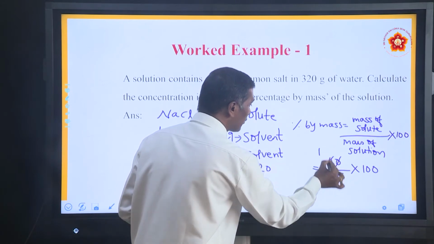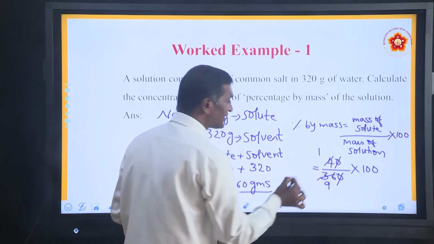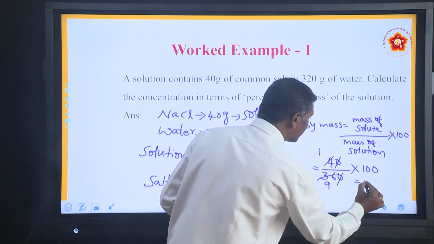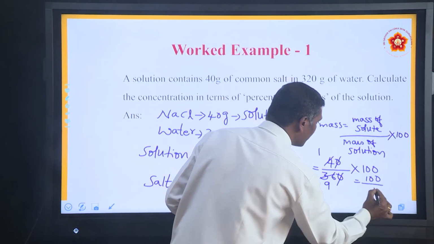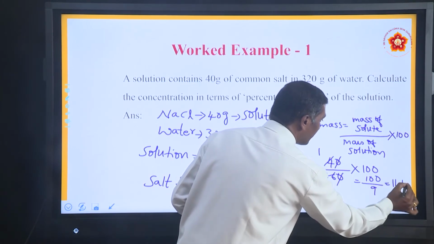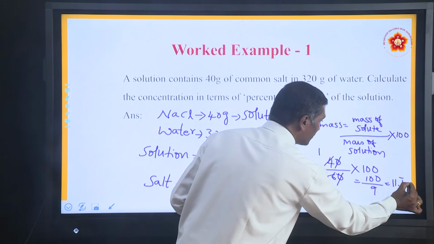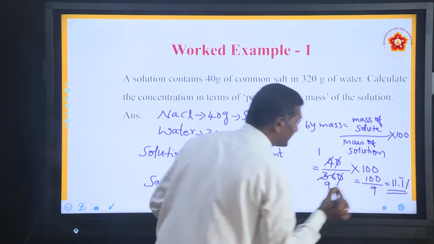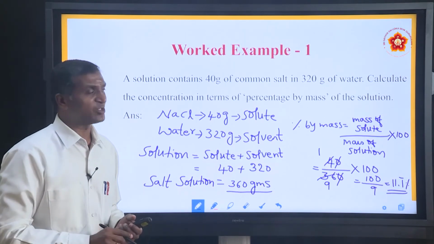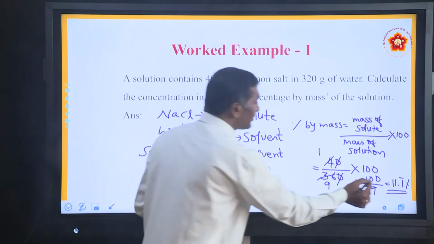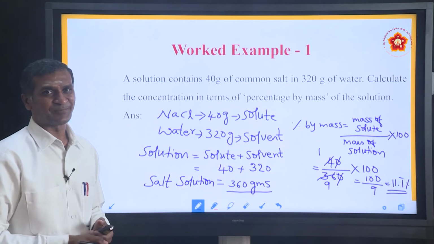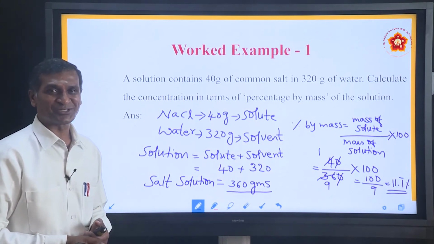Multiples of 4, 4 nines are 36, which is nothing but 100 in the numerator divided by 9, simple division: 11.111 where 1 is recurring, so we put a bar above 1. So the percentage by mass of the solution is 11.1%, which is recurring.